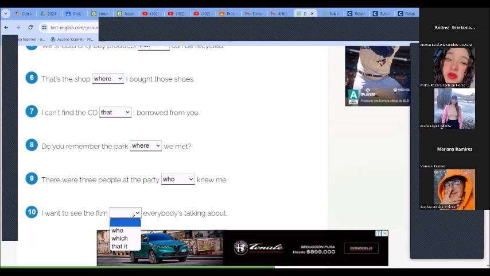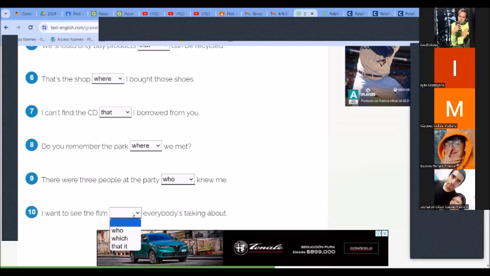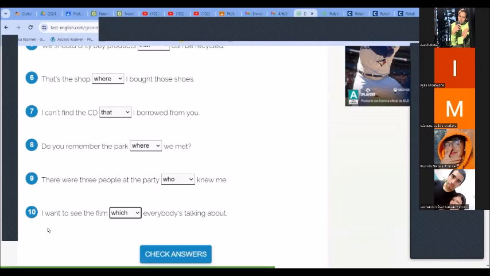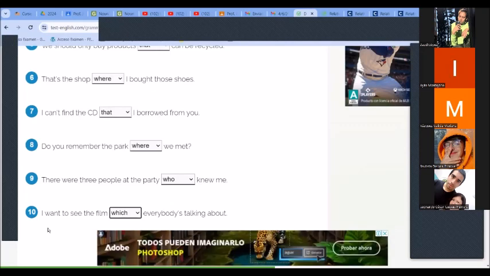Is the film a person? Because we use who for people. No, right? So the better option there would be which. Okay. Again? I want to see the film which everybody is talking about.